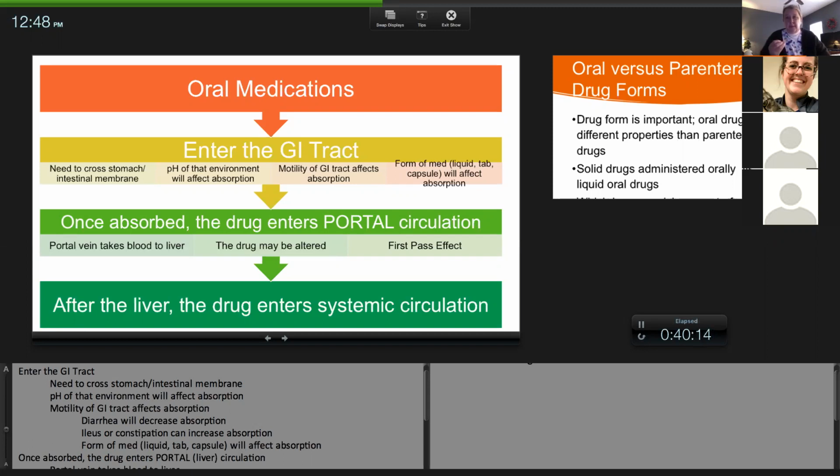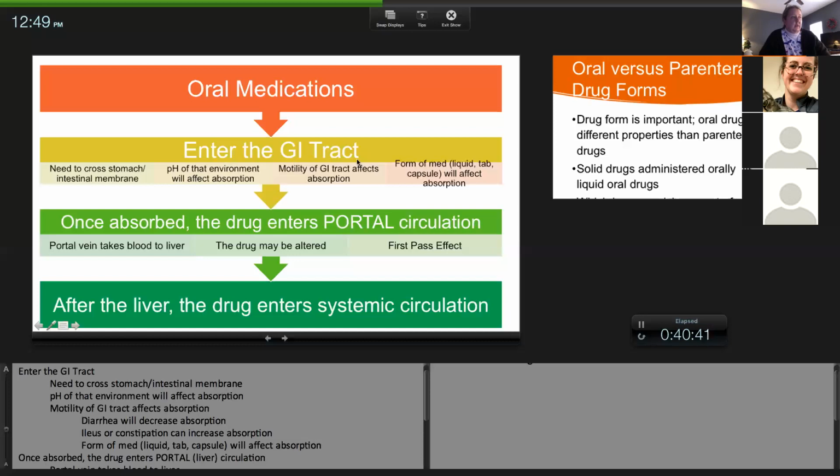So some medications are designed not to dissolve within the stomach, but to wait till they move into the intestine and enter the pH of that environment. The stomach is a highly acidic environment, and for some medications that's where they're designed to dissolve, and some are going to move on.